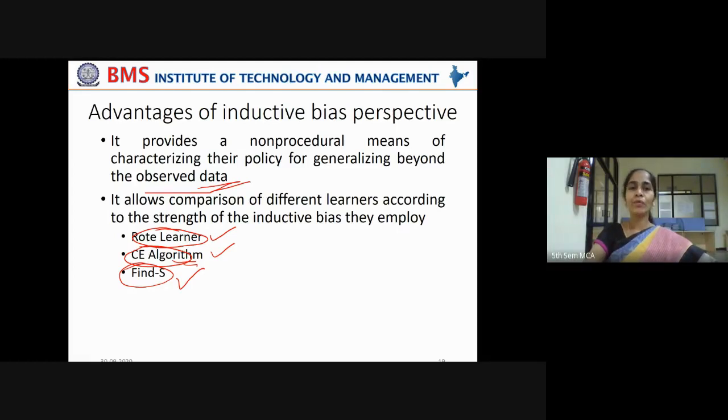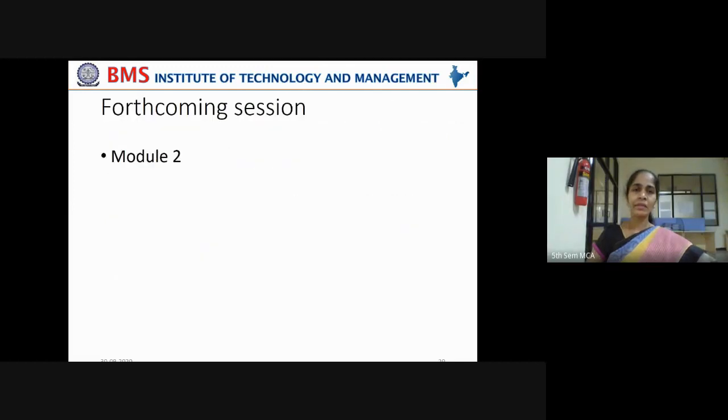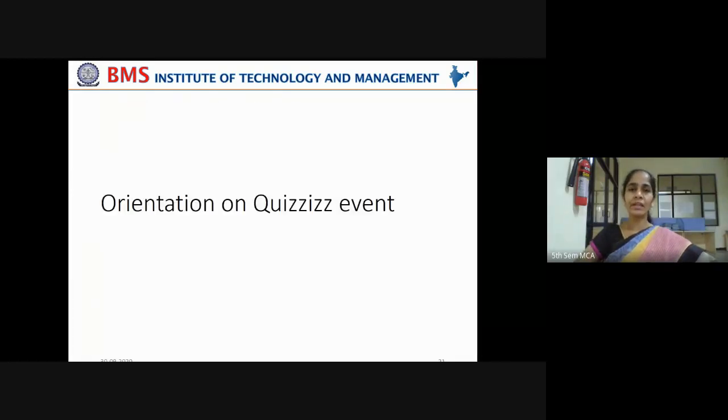Okay, that is how we can compare different learners by using this idea of inductive bias, right? So this is how we complete our first module. In next class, we'll start with the second module. Whatever concept we complete in the next class, till there you'll have it for the first internal exam.